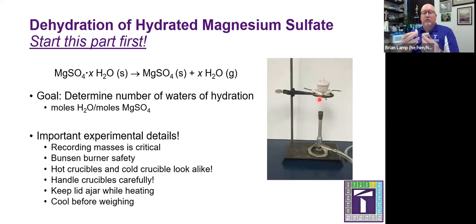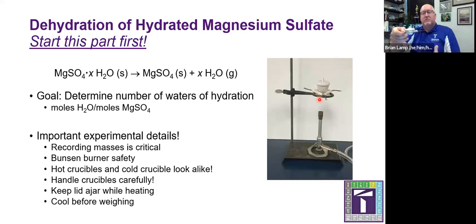So it's going to be important for us to make good mass measurements of the crucible and its contents. We'll clean the crucible first, and then we will place this crucible onto a clay triangle. So our crucible should rest in that clay triangle like so, on a ring stand.